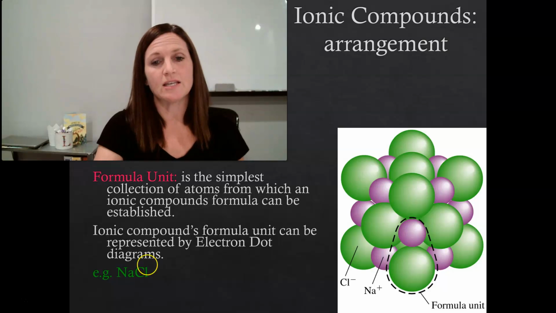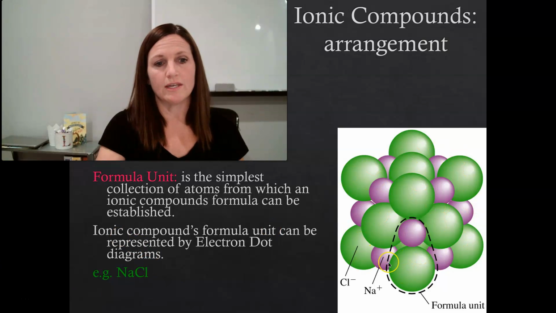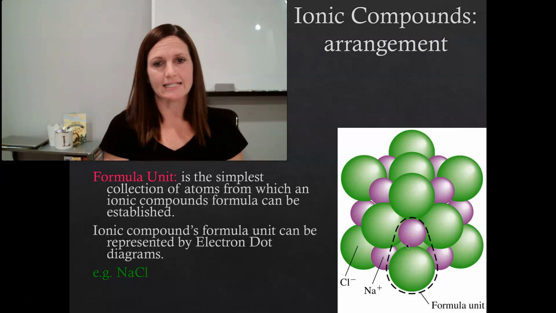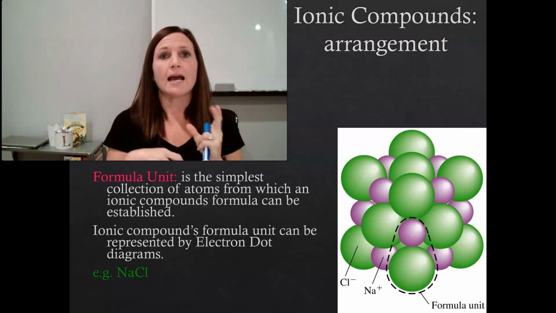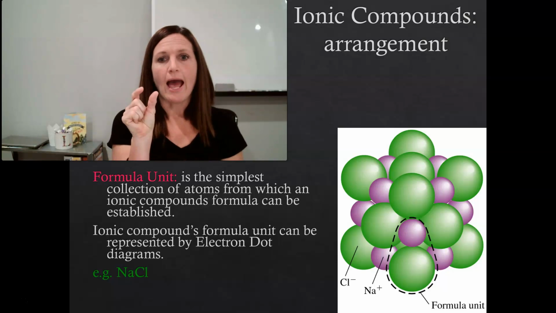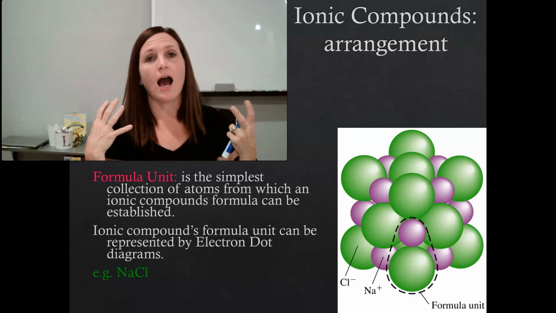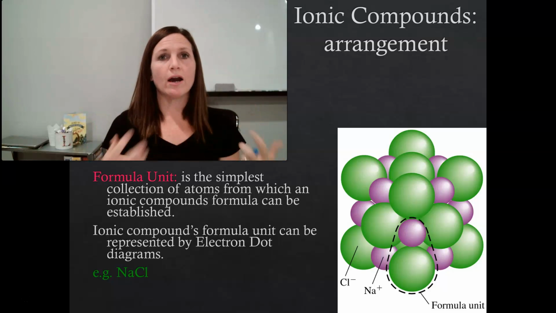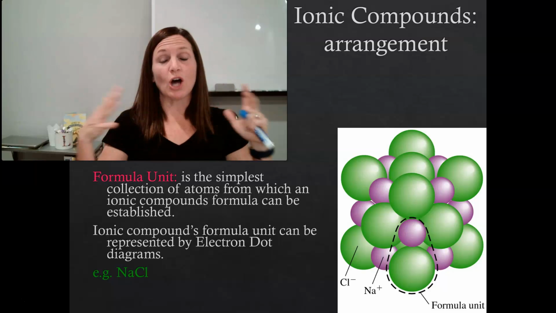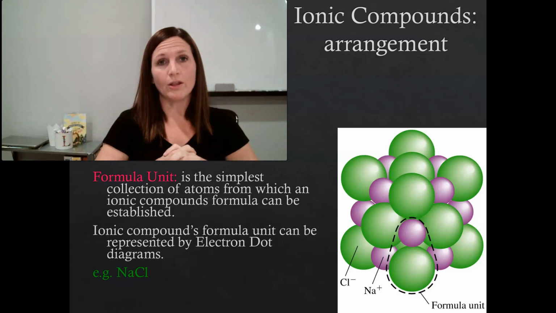But this whole thing that's shown here is considered its crystalline lattice. So the formula units are like a single Lego, and then we add those Legos on top of each other until we make this big ionic compound. So ionic compounds can be much larger than individual molecules.